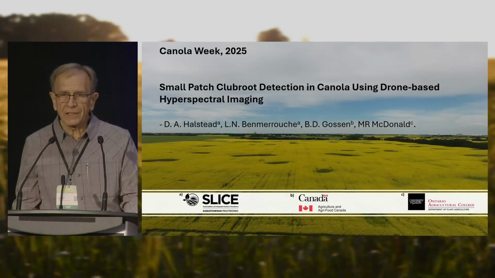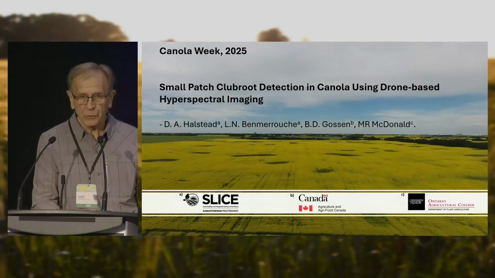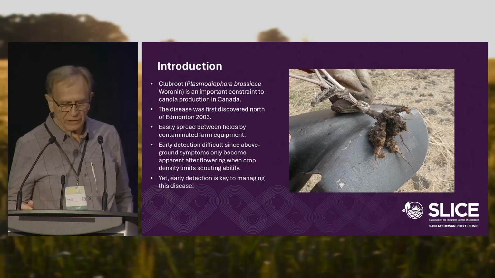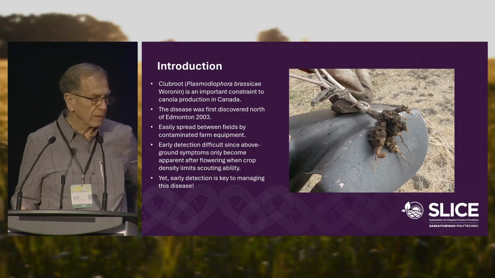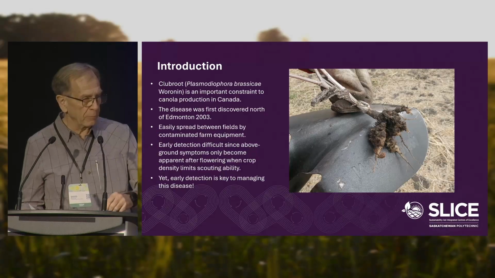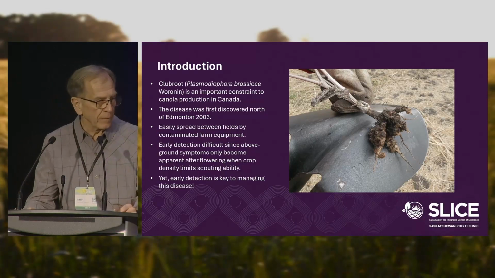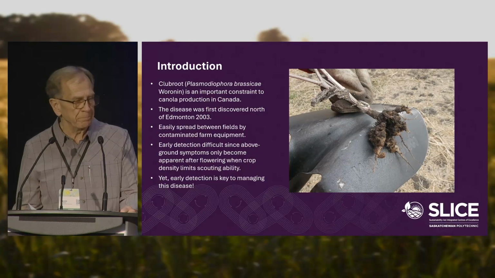Now, I recognize that this is day 3 of a canola conference, so I'm not going to get into too much detail on this first slide. Just a quick overview of clubroot itself. Clubroot is an important constraint to canola production, obviously in Canada. The disease was first discovered north of Edmonton in 2003.